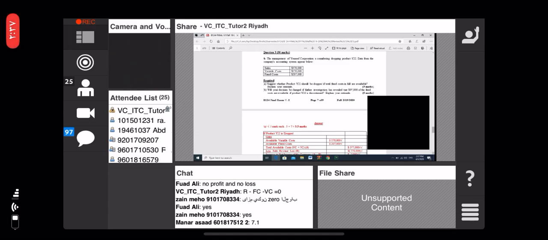What is the total of revenue loss? When you drop this department, how much revenue will you lose? You will lose 370,000.